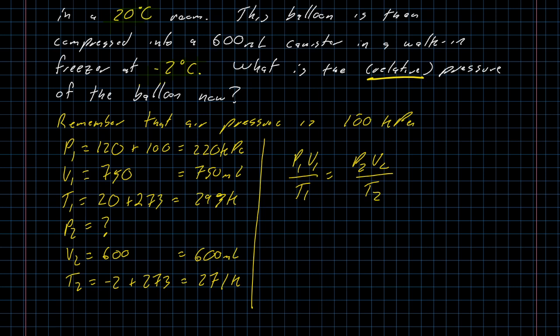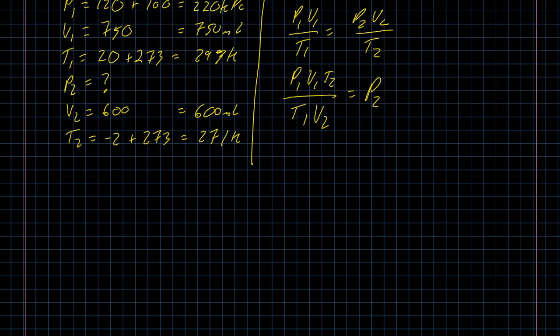Multiply both sides of the equation by T2, and divide both sides of the equation by V2 gives me P2 all by itself. Then from there, it's just a matter of plugging everything in. Pay close attention to your subscripts.